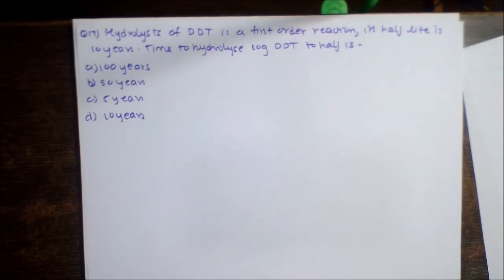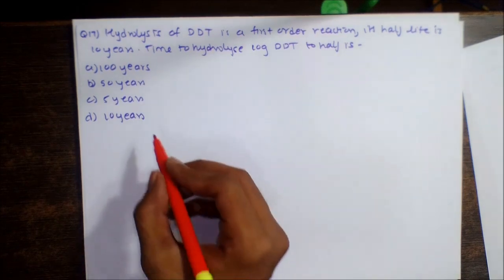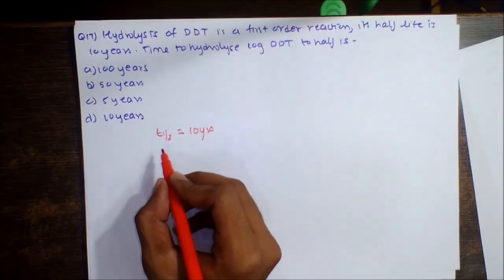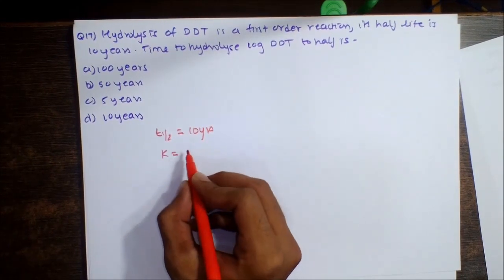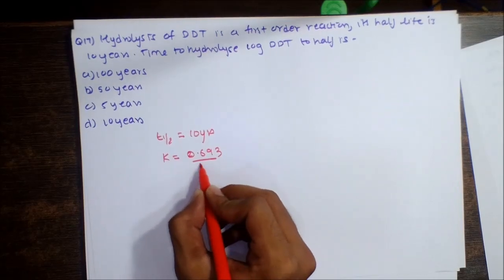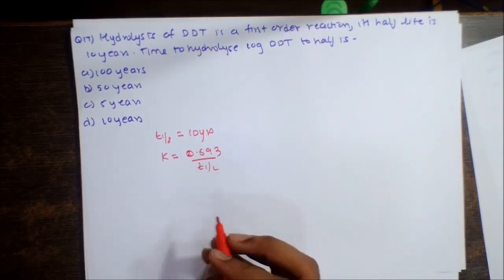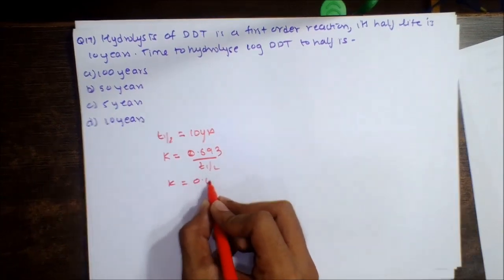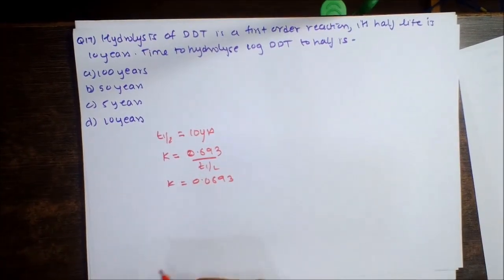Question 17. Hydrolysis of DDT is a first order reaction. Its half-life is 10 years. Time to hydrolyze 10 gram DDT to half is. Since half-life is given as 10 years, and for a first order reaction K equals 0.693 upon T half. Here T half is 10, so K would be equal to 0.0693.